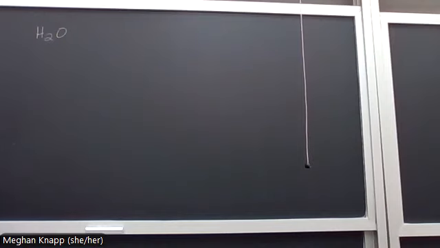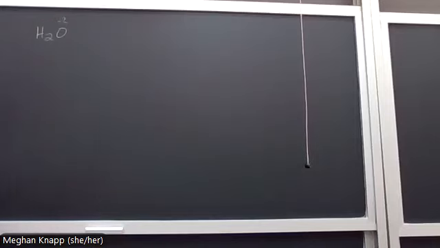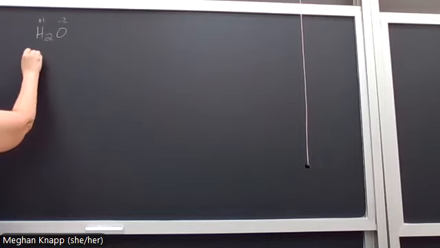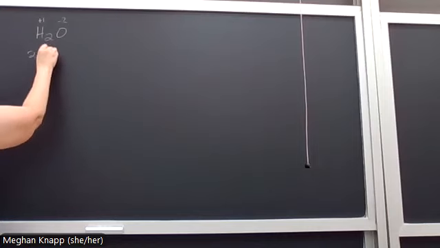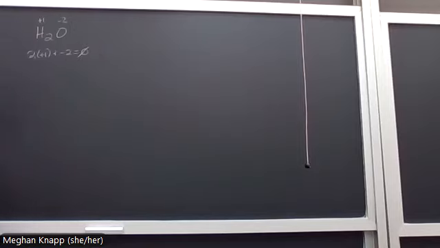What would we expect oxygen to be? -2. What would we expect hydrogen to be? +1. And that's for each of those hydrogens. So we would say 2 times +1 plus -2, and lo and behold, that equals 0.